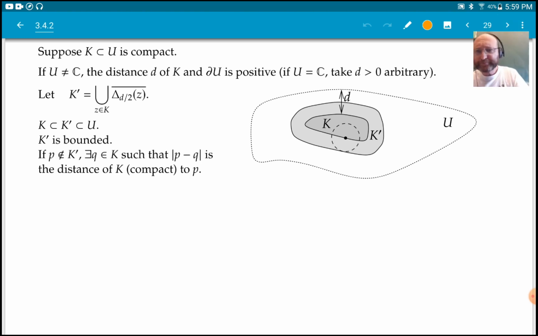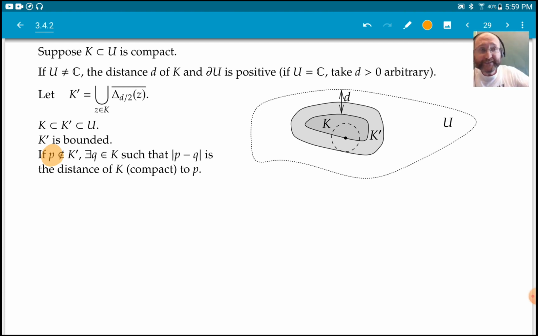It's left to prove that it's closed. So it's closed if the complement is open, right? So let's suppose that P is some point in the complement. I have to show that there's a whole neighborhood around P which is not in K prime. All right.